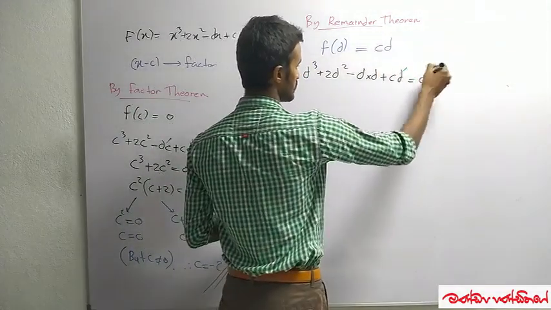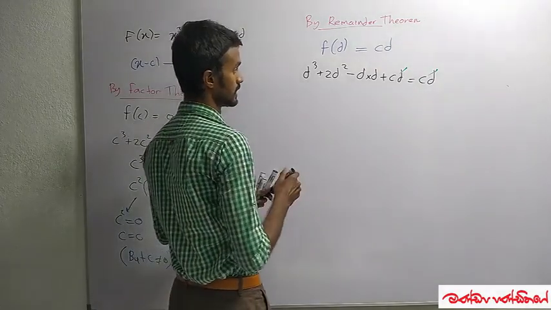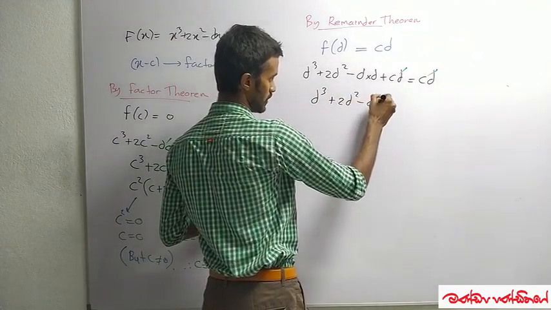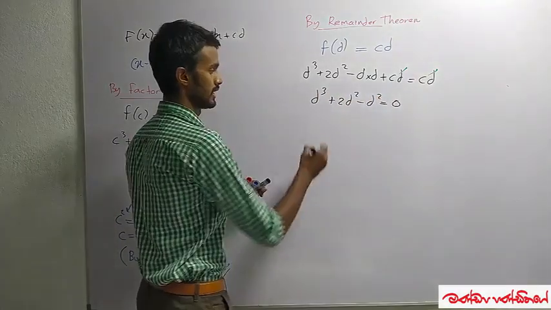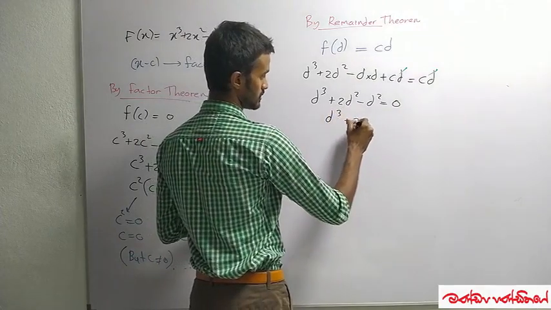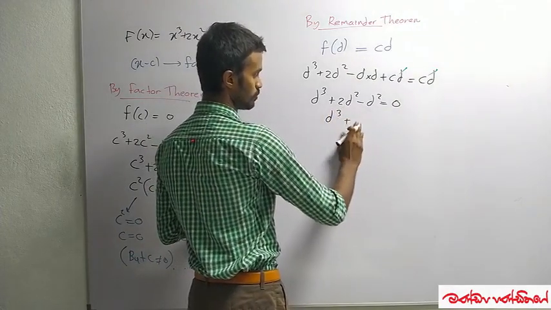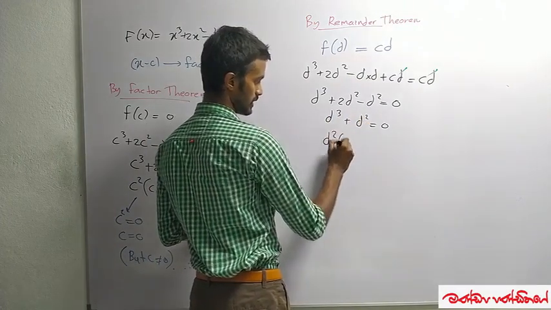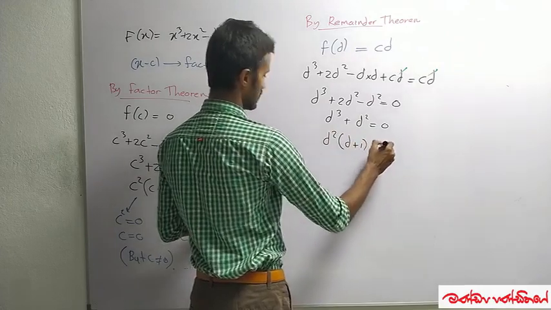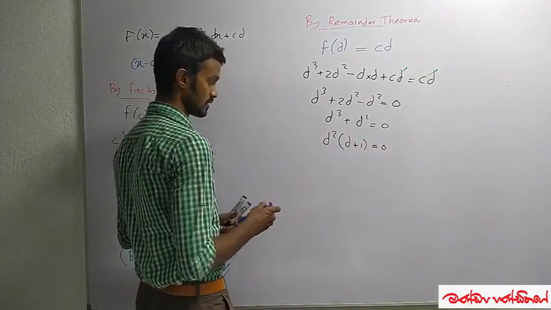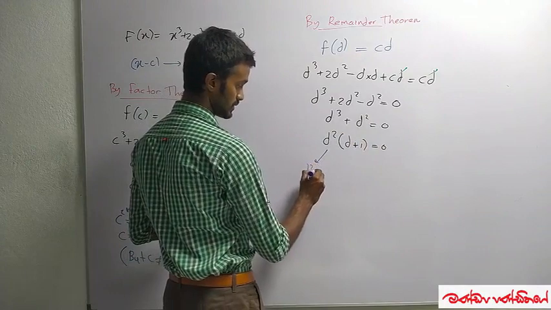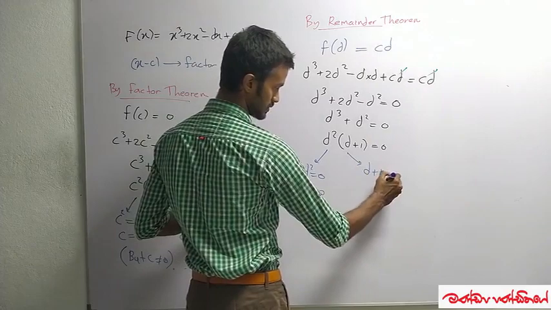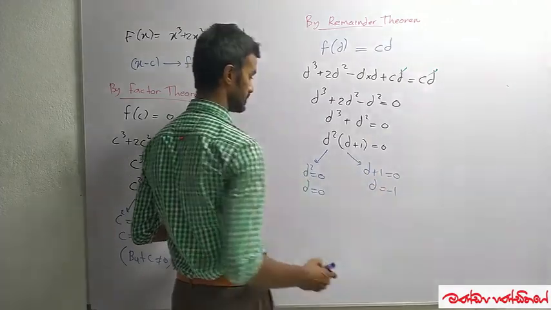It is clear that cd cancels off, and I get d³ + 2d² − d² = 0, which is d³ + d² = 0. Taking d² out, I get d²(d + 1) = 0. And here also I get two answers. One is d² = 0, which means d = 0. The other one is d + 1 = 0, which means d = −1.